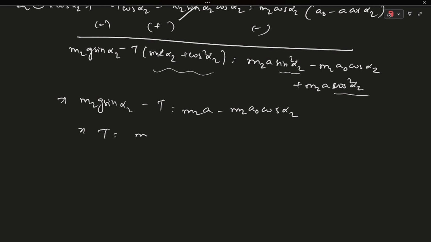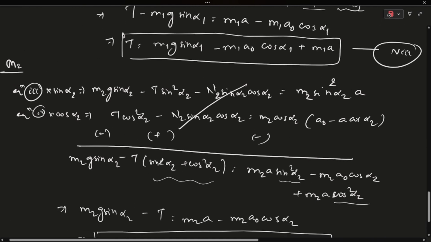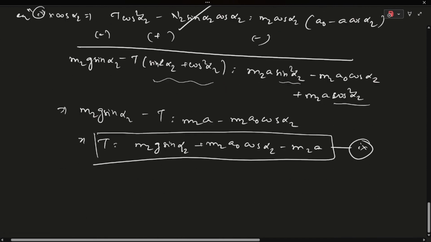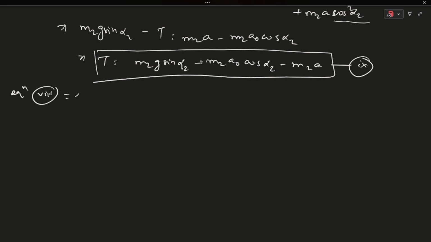Tension T is m2g sin alpha 2 plus m2a naught cos alpha 2 minus m2a. This is equation number 9. Now as both tensions are same, let's equate equation 8 equals equation 9.